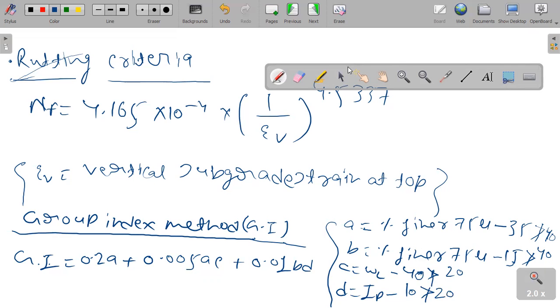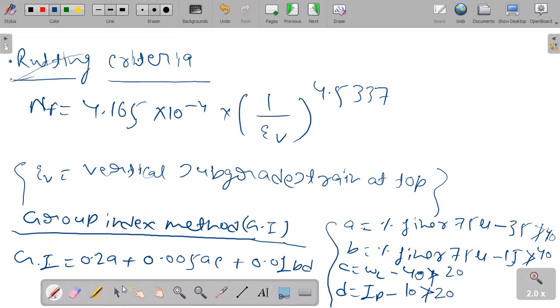Basically, WL and IP are concepts from soil mechanics, which we'll discuss later in the soil mechanics portion. For right now, WL is liquid limit and IP is plasticity index. So yeah, this is group index.